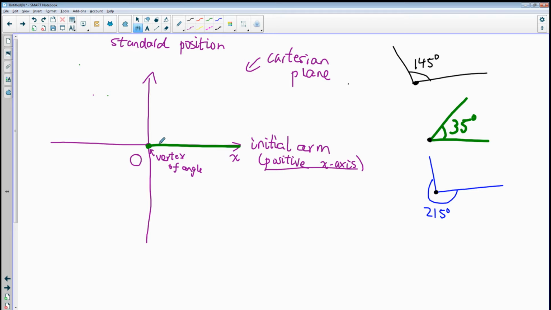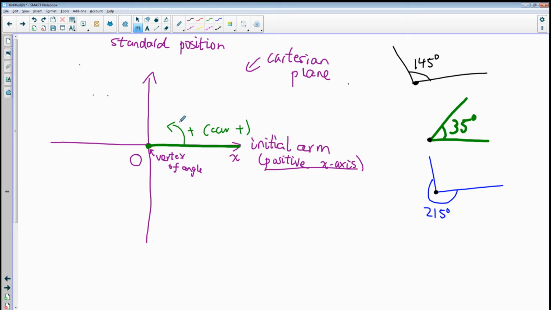But you might say, which direction do we go? Convention is to always go counterclockwise. Counterclockwise is positive. I'll say CCW is positive.